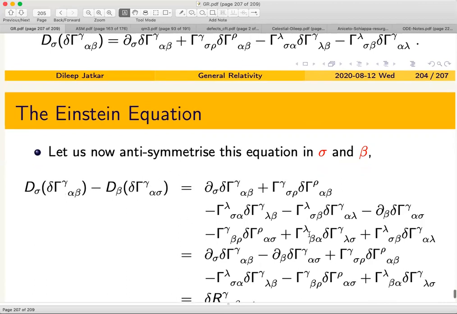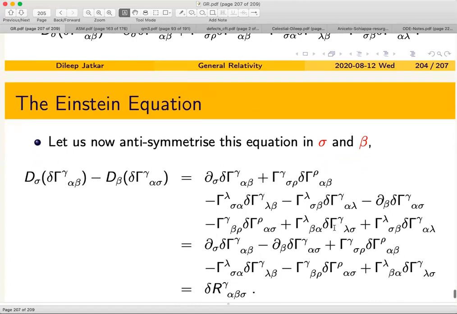Now, among these terms, you will notice that there exist two terms which involve sigma and beta on a gamma. There is a gamma^lambda_{sigma beta} here and a gamma^lambda_{sigma beta} here. They come with opposite signs.